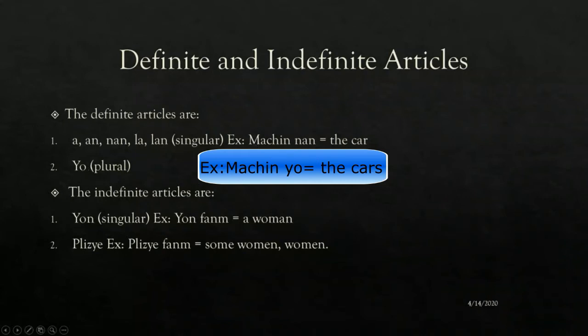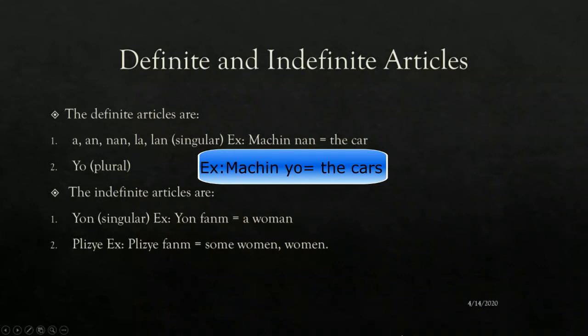Then it would become the cars. In English, you have an S, but us, we don't have an S. We have yo at the end, separately. You don't write them together. You see, na is at the end separately.